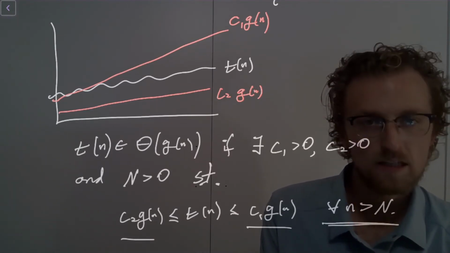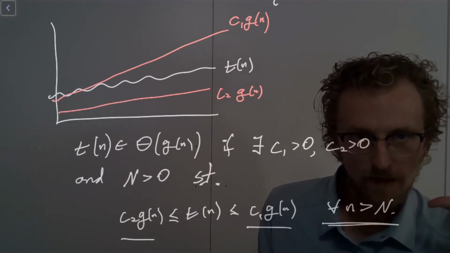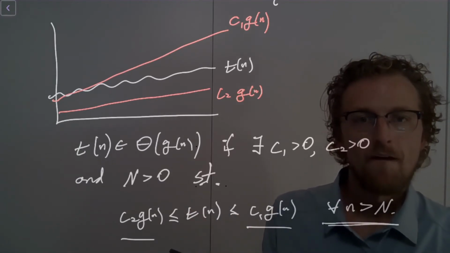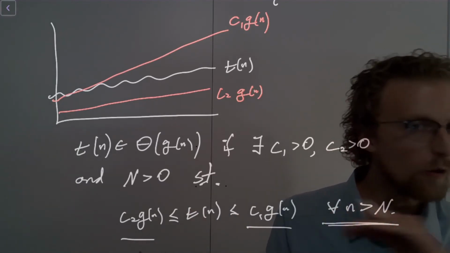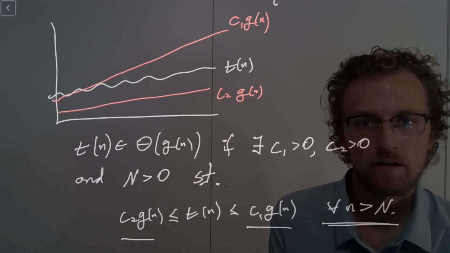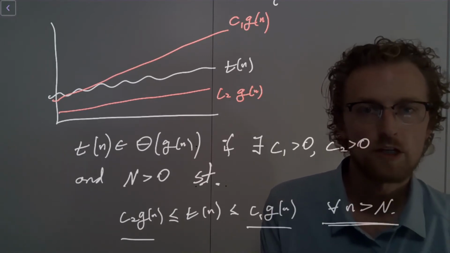And if I pick my constants right, I can make it so that t of n always stays in between two scaled copies of g of n.